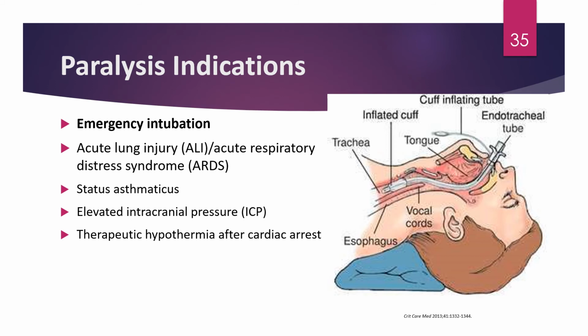So if a patient is trying to breathe over the ventilator too much, or is trying to fight the ventilator, as we call it, and is not really trying to breathe with the ventilator, and there's more or less a mismatch, in those cases we might need to paralyze the patient, particularly if they're at very high ventilator settings.